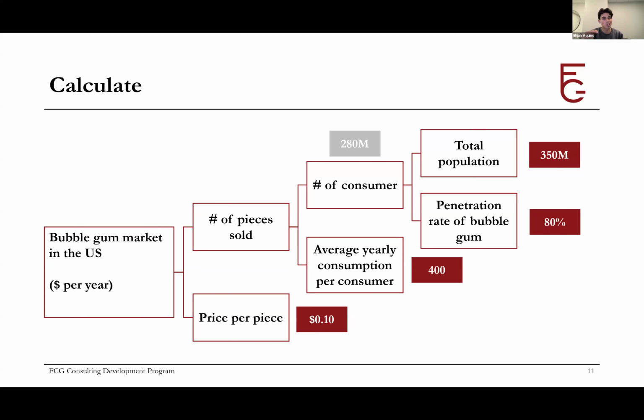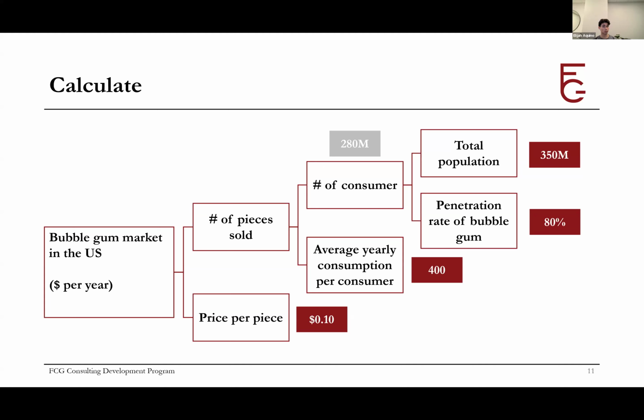So now what I could do is the number of consumers times the yearly consumption rate per consumer. We've already done that assumption. So 400 times 280 million. Think about this: do kind of the same math that I just did. If I break this number into 200 million and 80 million, I could do 200 times 4, which is 800 million.